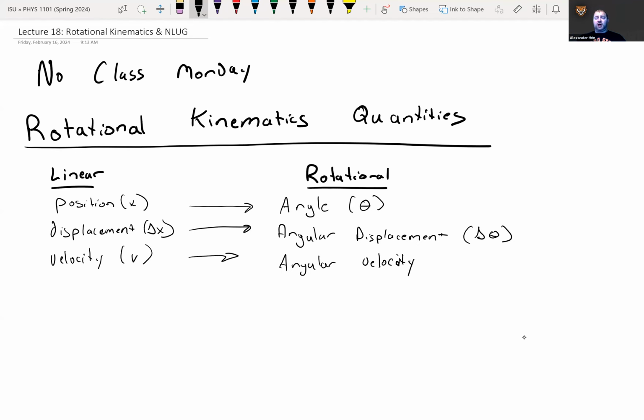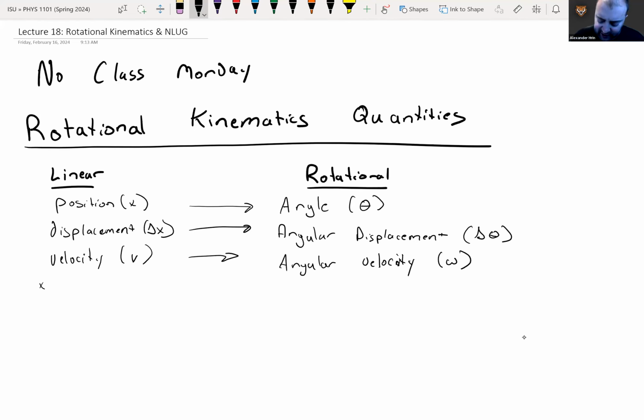In general, you take the right-handed convention, so counterclockwise is positive and clockwise is negative for angular velocities and displacements, but we're not really going to worry about that at the moment. The symbol for that, a lot of people will say it's W. I don't care if you say W. Really, it's a lowercase omega. So I will call it omega, but if you think of it as W, then that's fine.